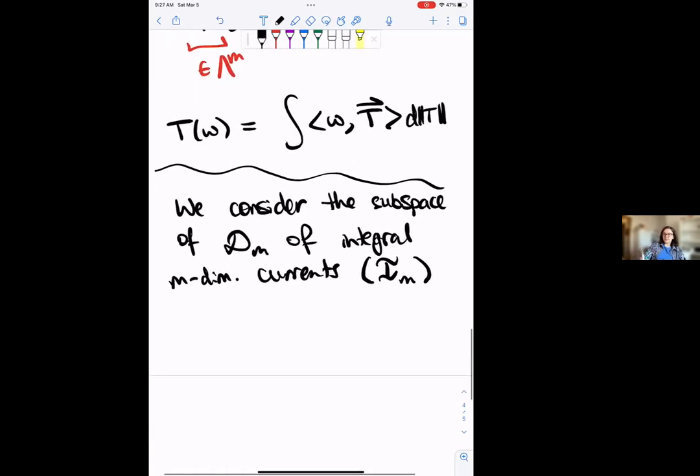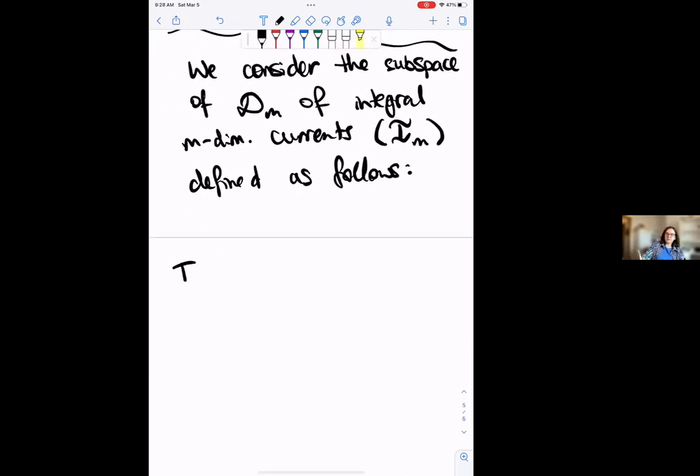And this is defined as follows. We say that T is an m-dimensional integral current if both T and its boundary are of the following form.